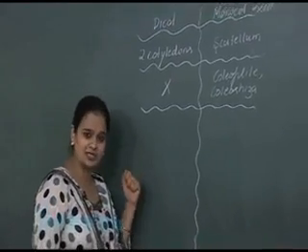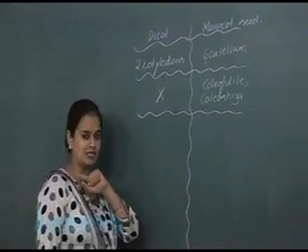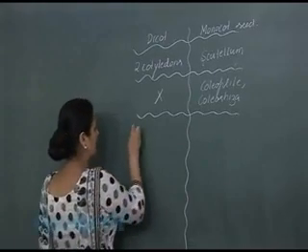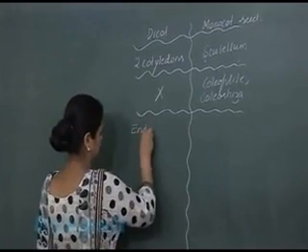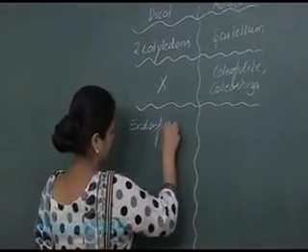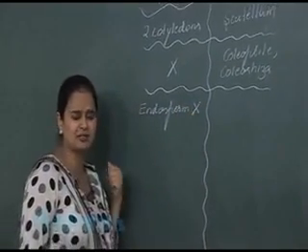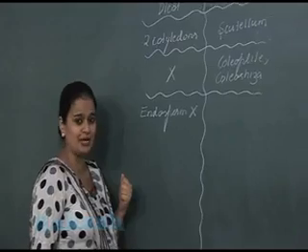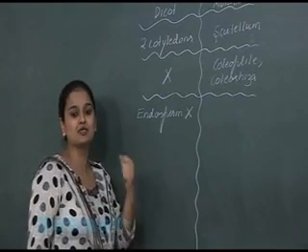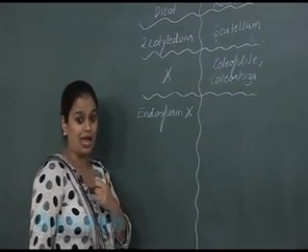In a dicot seed at the mature stage, the endosperm is absent. Why is the endosperm absent? Because the reserve food present in the endosperm is consumed by the embryo.